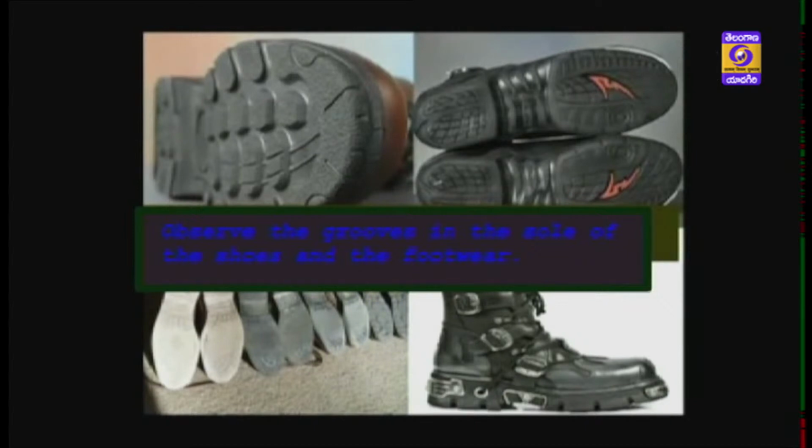At another application, see, these are shoes and footwear. Observe the grooves in the sole of the shoes and in the footwear. These grooves reduce the friction between the surface.